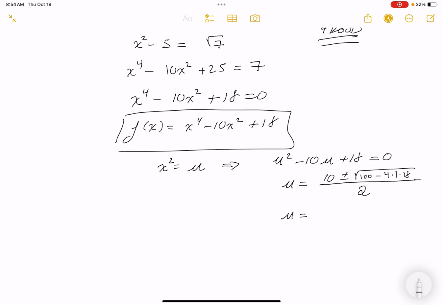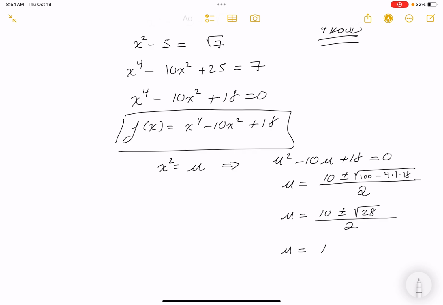Well, let's write this down. u equals 10 plus or minus, over 2. And 100, well, let's do 4 times 18. It's 72. Let me make sure I said that right. 100 minus 72, yeah, 28. And I'm going to keep going.